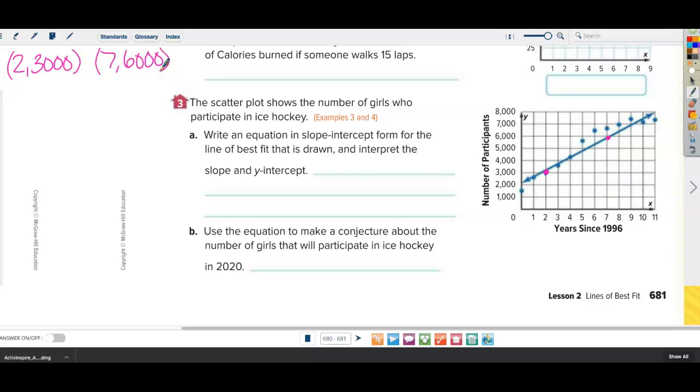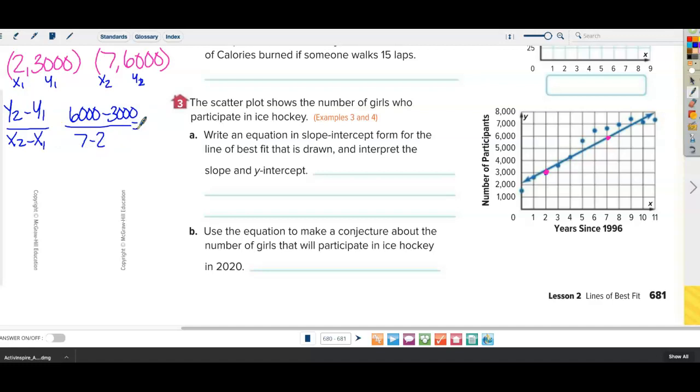So that's step 1. Step 2, I'm going to find the slope: y2 minus y1 over x2 minus x1. So y2 is 6,000 minus y1 is 3,000, over x2 is 7 minus x1 is 2.